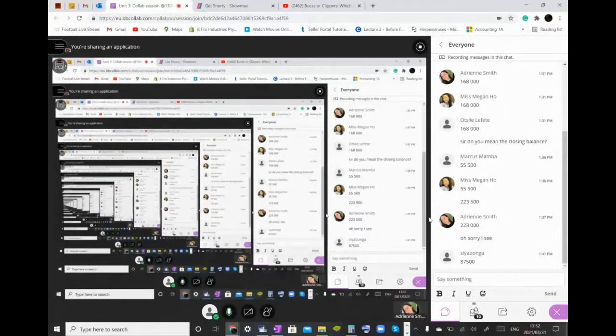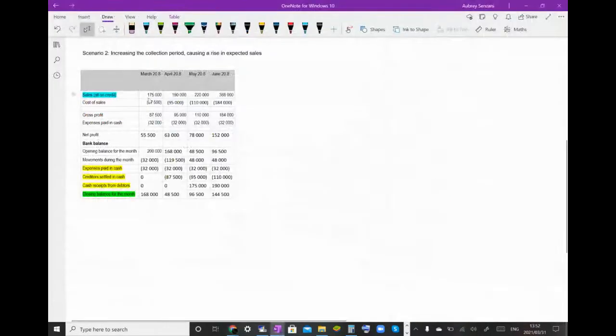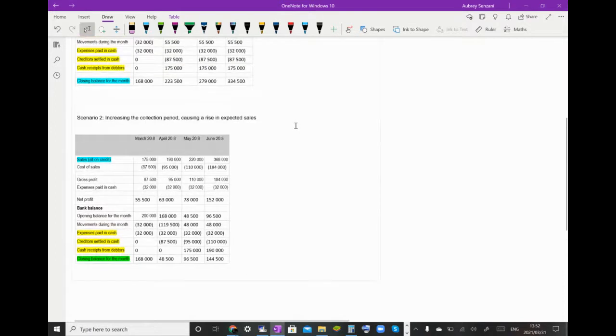So that's why our sales increase, as you can see here. Remember, every month we're doing 175, but now in the next month we did 190. The month after that we did 220. The month after that 368. So that is why the sales increased, because now people have more time to pay back the money.